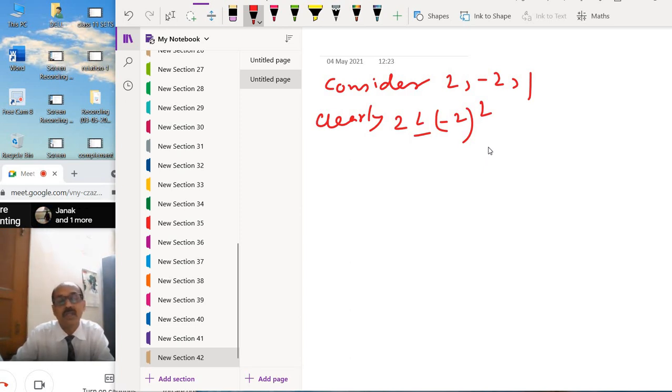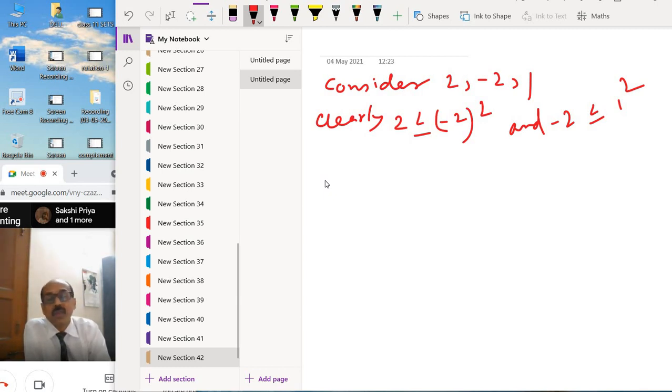So 2 less than or equal to 4 is okay. And minus 2 is less than or equal to 1 square. This is also correct, because minus 2 is negative and 1 is a positive number, so it is bigger. So (A, B), that is (2, minus 2), and (B, C), that is (minus 2, 1), both satisfy the relation.